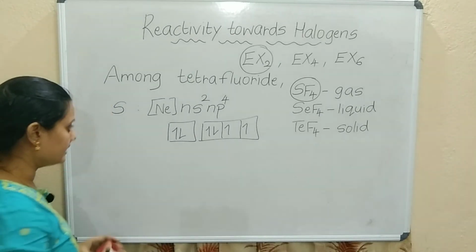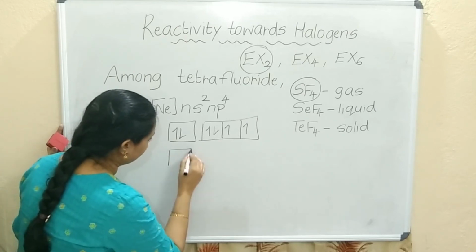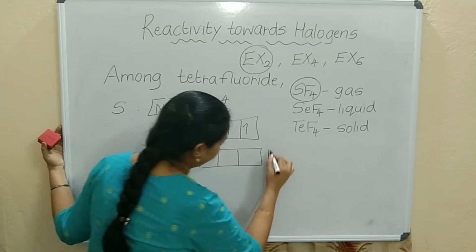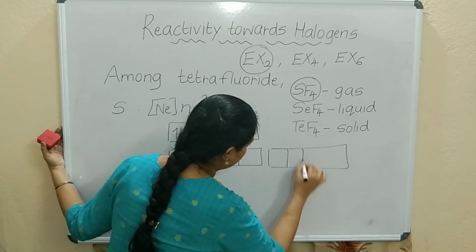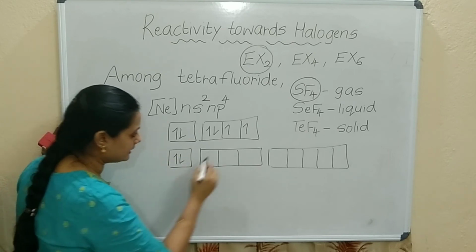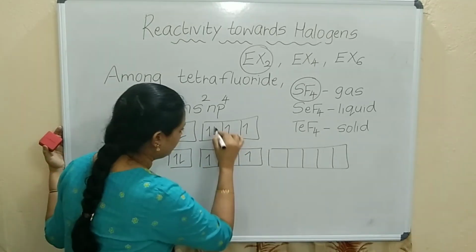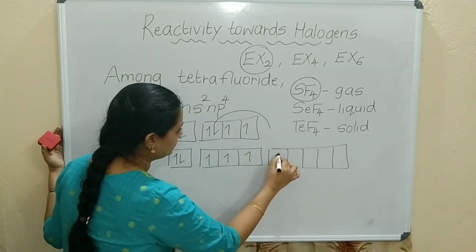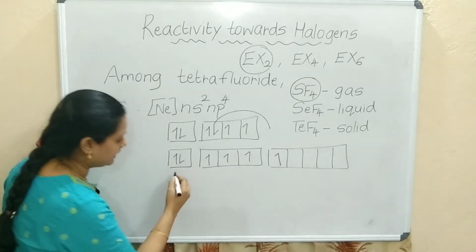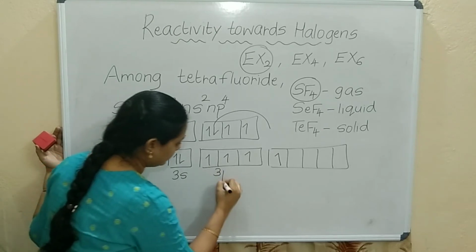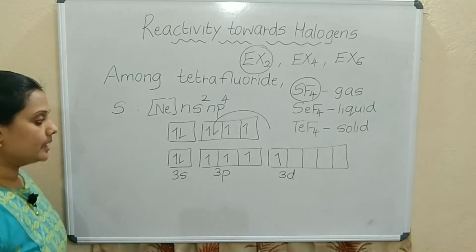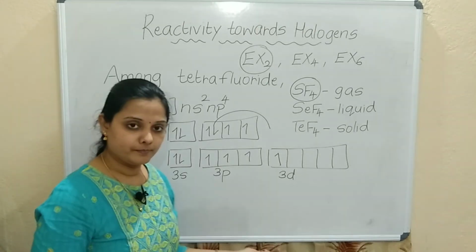So one of the electrons from the p orbital will jump to the d orbital. 1, 2 in s as it is, and 1, 2, 3 in p, because for sulfur it is 3s, 3p, 3d. 3d is existing, right? So it will jump to the d orbital.